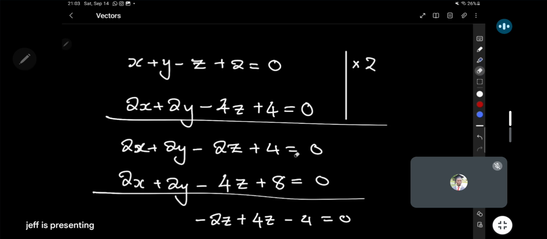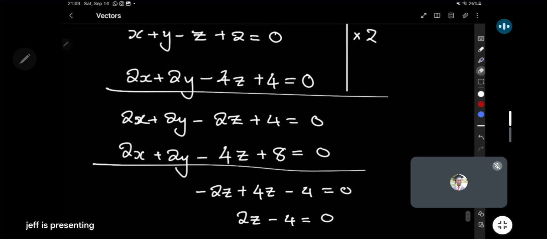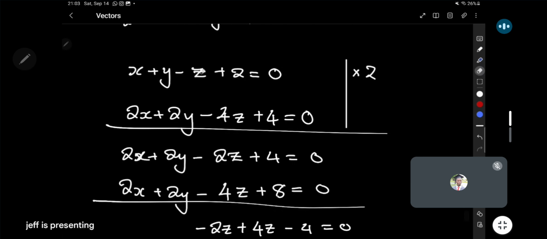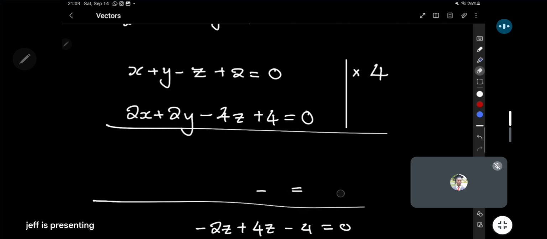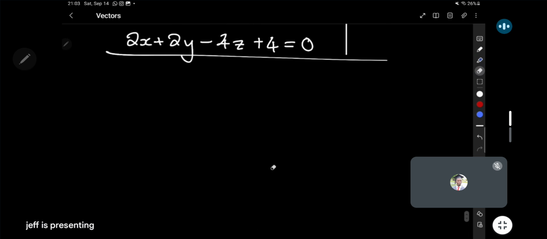So if I'm not comfortable with how this continues, I can target to eliminate z instead. If I wanted to eliminate z, I know I'd have to scale the top one by 4, so that z there will be the same, so that it will be easy for me to proceed from there.